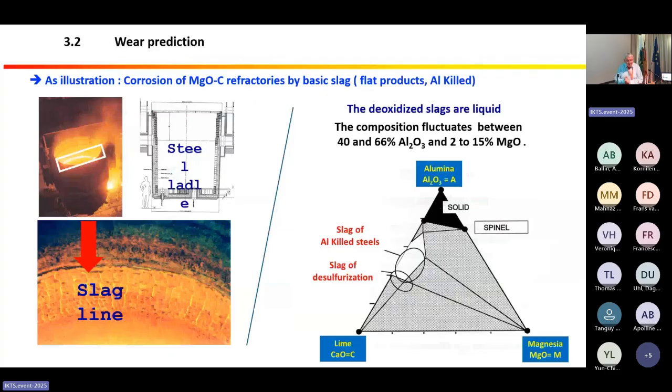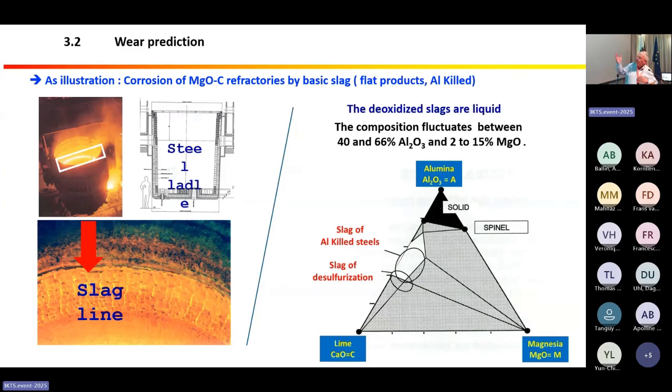So another aspect is, of course, for the user, the prediction of the wear of refractories. As illustration, I propose just an example, the corrosion of magnesia graphite refractories in basic slag for flat products and aluminum killed steel.